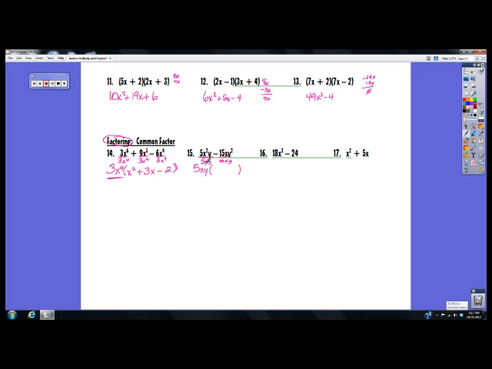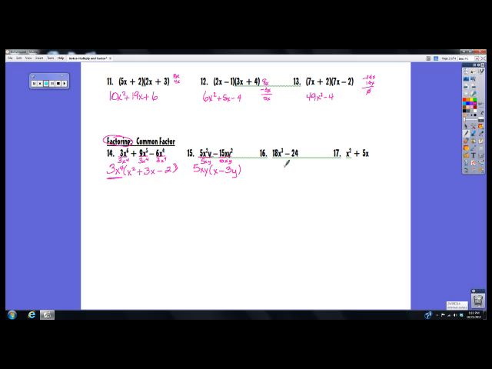So if I divide 5 by 5, I get 1. If I divide out my x's, I'm left with 1x, and I don't have any y's left, so I'm only left with an x for this term. What do I have left in this? Well, I'm left with 3y. So 5xy factored out, you're left with x minus 3y.